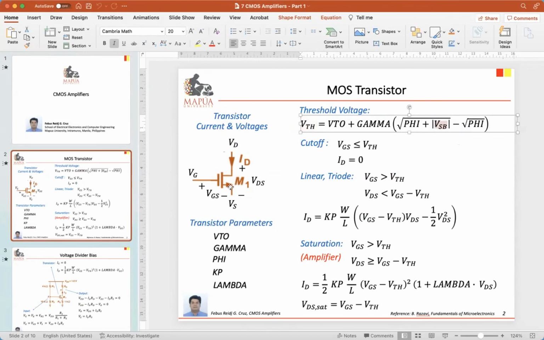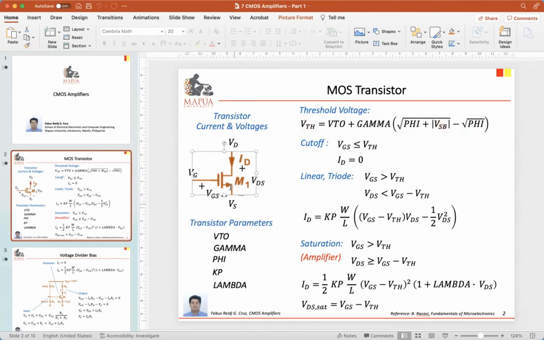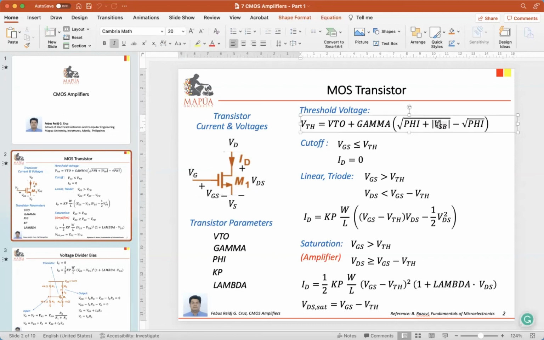But for this symbol, the bulk terminal is not indicated. So we are going to assume that the bulk is shorted or connected internally with the source. So we are going to assume that VSB equals 0. Yun ang assumption natin dito. So this becomes square root of 2φ minus square root of 2φ.